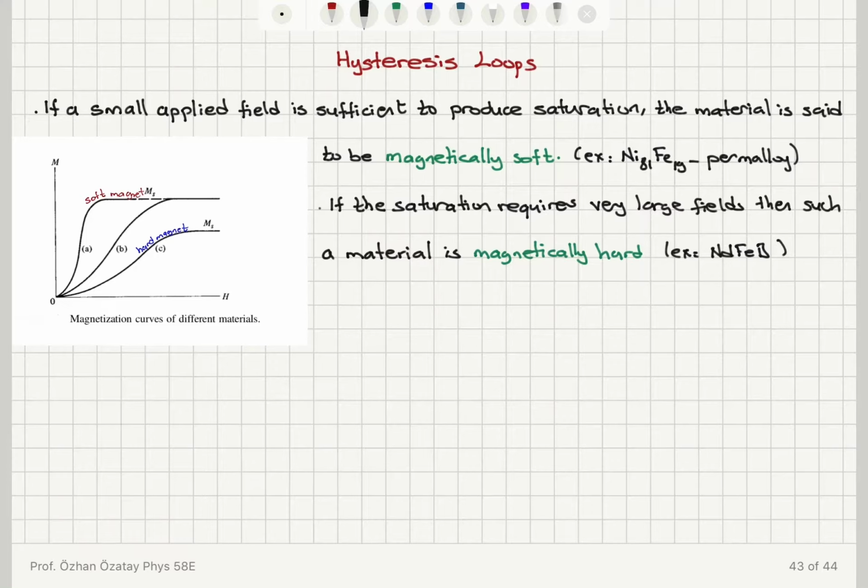All right, so about the magnetization curves of different materials, we said that we can have magnetization versus magnetic field or magnetic induction versus magnetic field as the magnetization curve. There is one difference between these two, so let's put a remark here.